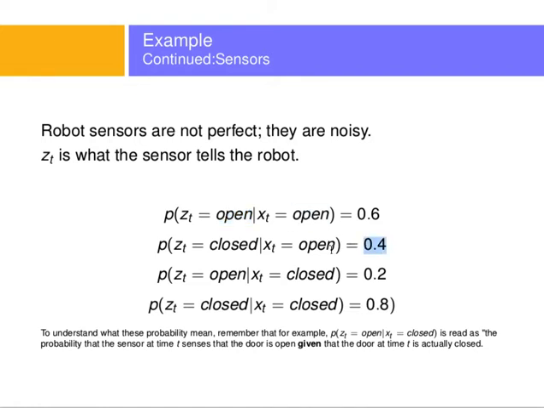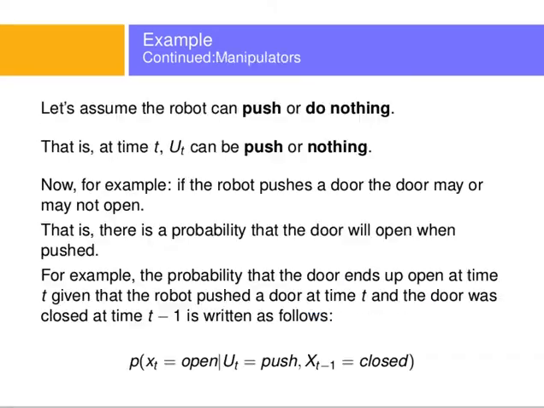There's a 40% chance that the sensor will say closed when the door is open. So this is not a very good sensor, as you can tell. There's a 20% chance that the sensor will say open when the door is closed. And there's an 80% chance that the sensor will say closed when the door is closed. Okay? So that's what we know from the factory or from previous experiments with the same robot.